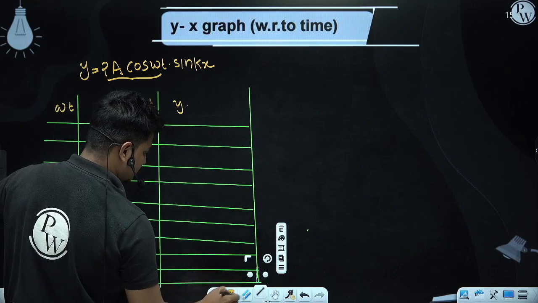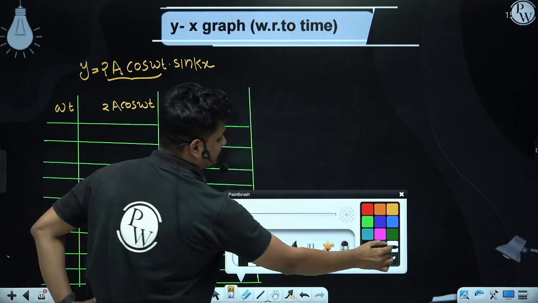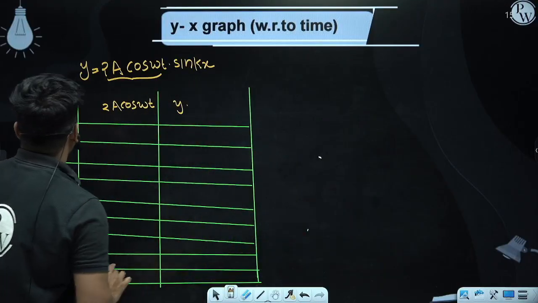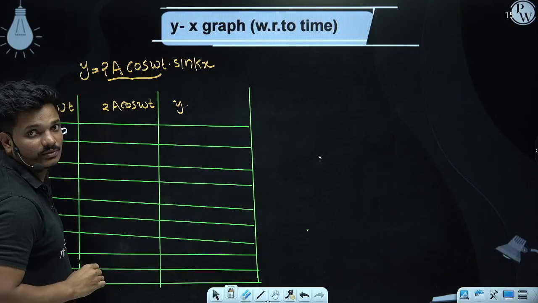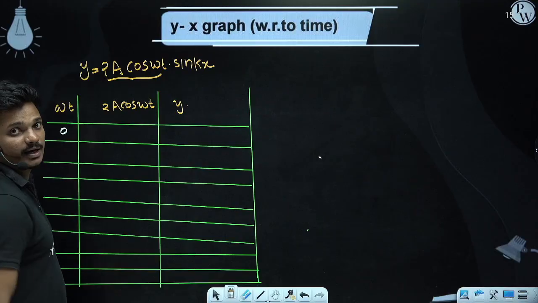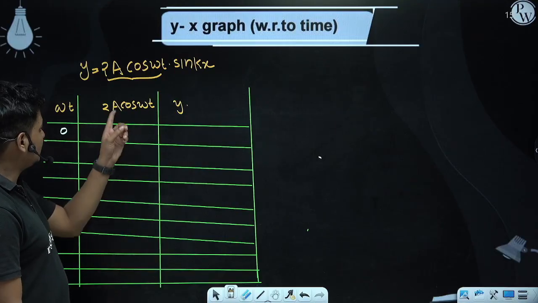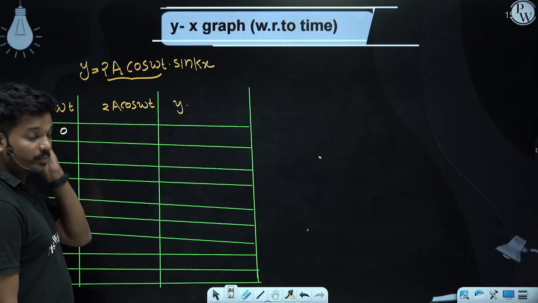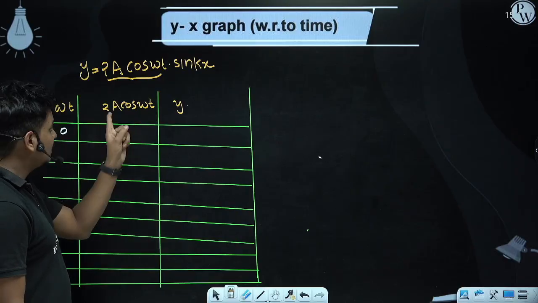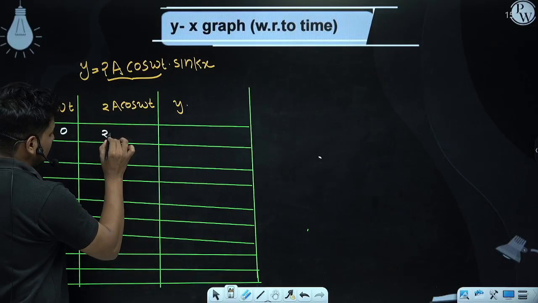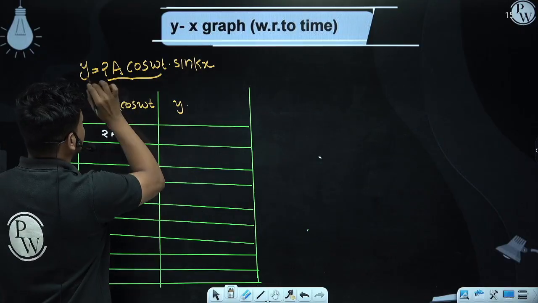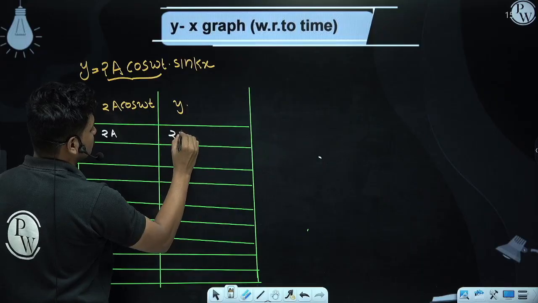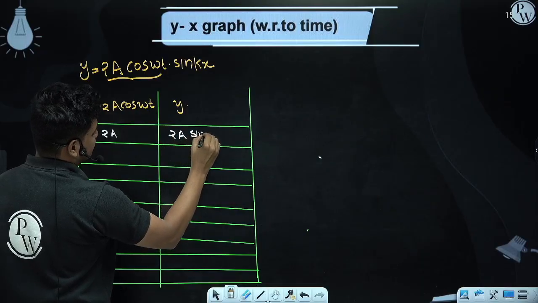Okay, like this. Then we can fill up the terms. When time is equal to 0, what is our 2a cos omega t? Cos 0 is 1, so this term is 2a, and the y value is 2a sin kx.